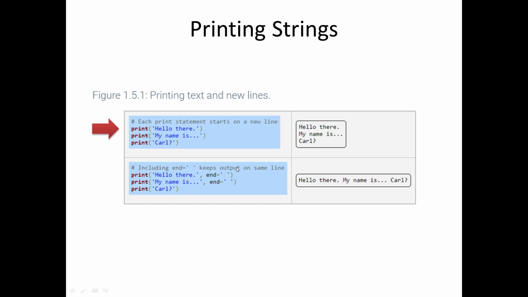So if we put this here, that means whatever follows will be on the same line. So now we have hello there with the end statement, my name is with the end statement, and Carl. So notice now everything is on the same line, which is a lot more intuitive. This is the way we're typically used to seeing information like this. So the end statement is going to format it and keep it on the same line.